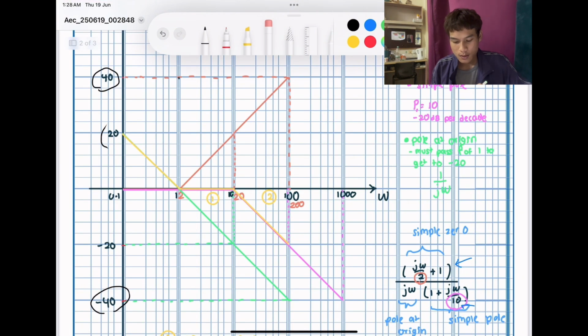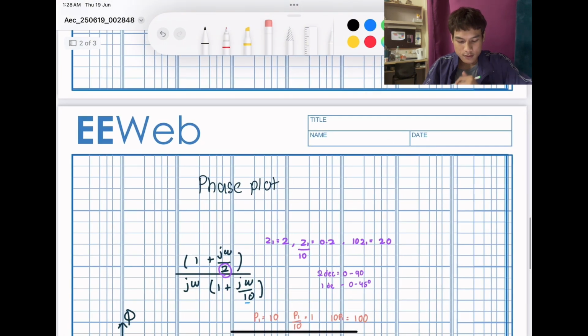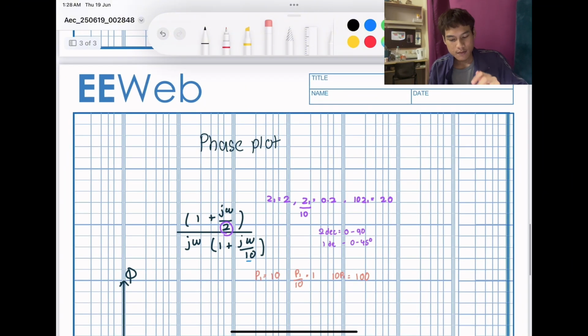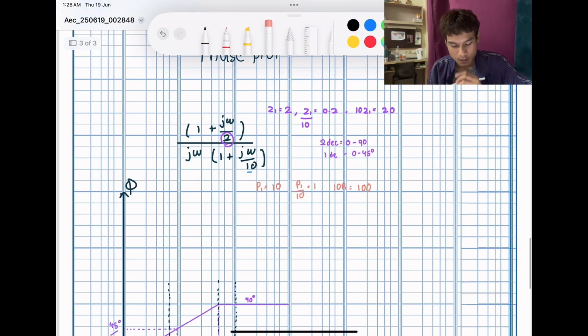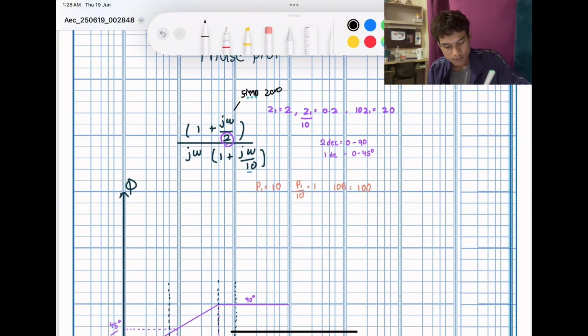Now we will look into the phase of the Bode plot. For the phase, the step is still the same as before. We have the simple 0, simple pole, and the pole of origin.